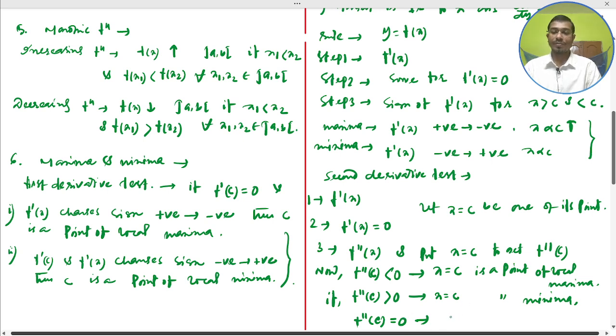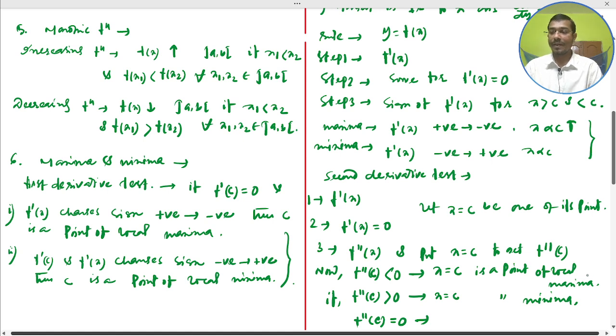This is basically maxima and minima. Less than 0 means stable maxima, stable equilibrium, and the other is unstable equilibrium in some physical concept.